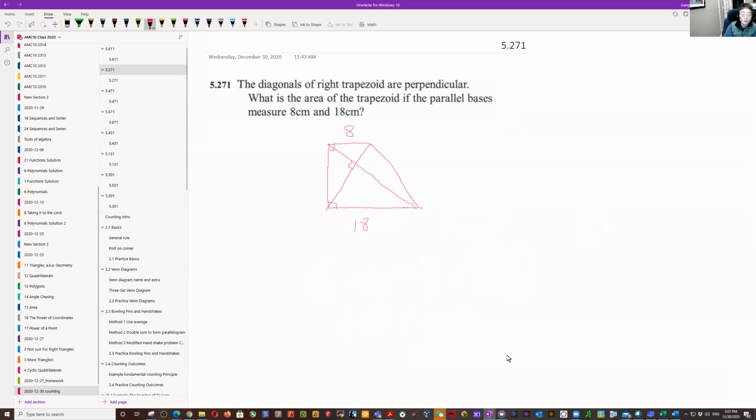When you're working with the right triangle, especially in this setting, this is the height of this right triangle, so always look for this. And this is the height on the hypotenuse.